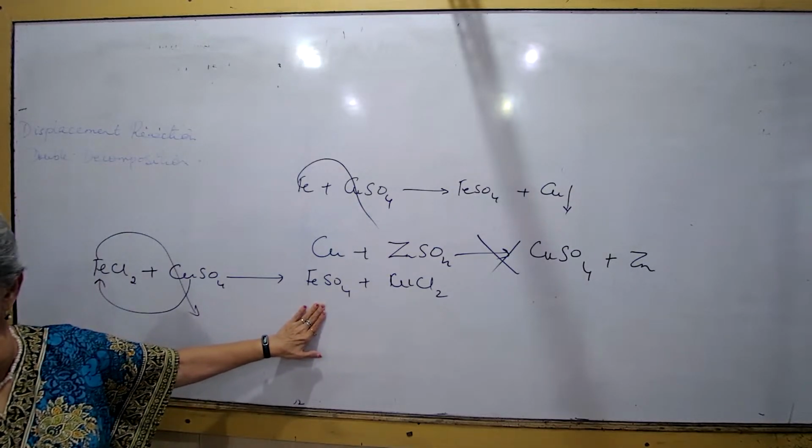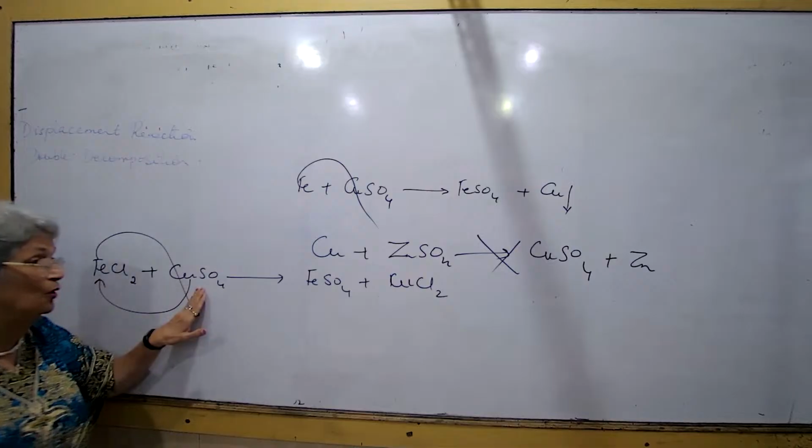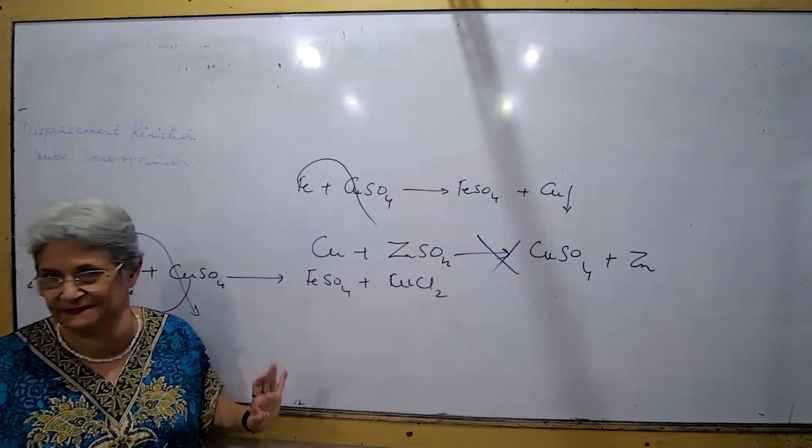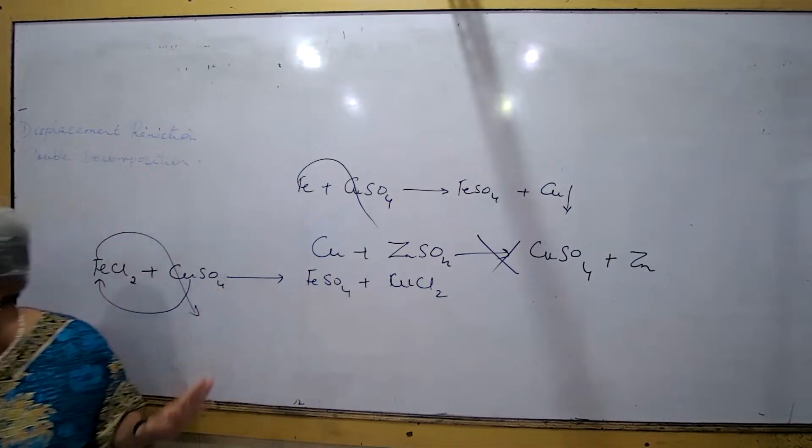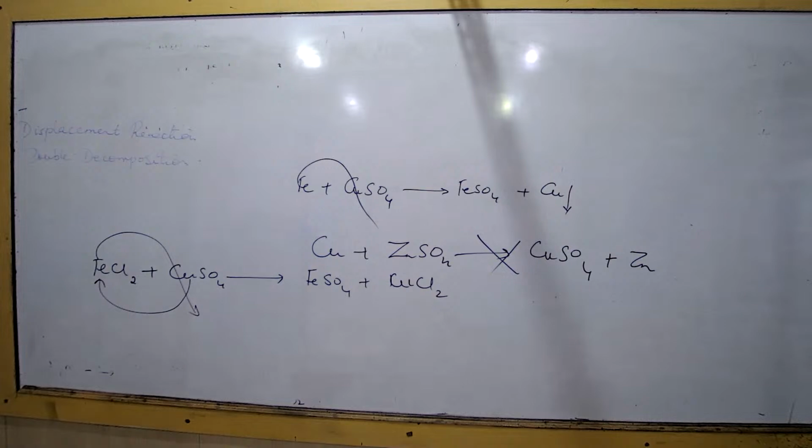If this quantity is more, then this will be the precipitate. So it all depends upon the quantity of the original reactants. But a precipitate is always formed. So a double decomposition reaction is also called a precipitation reaction.